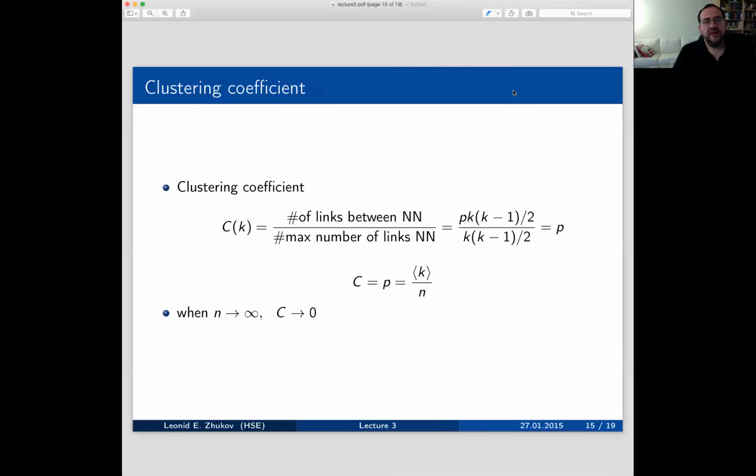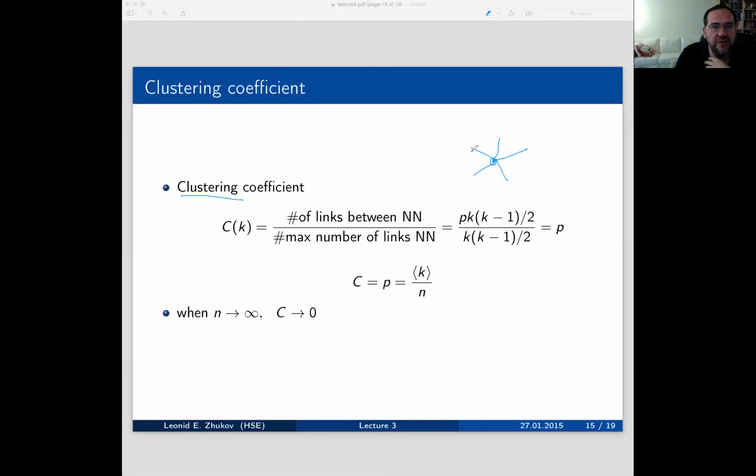All right, so there are several other things that we can calculate for this model. They're pretty easy to calculate. Well, we talked about the clustering coefficient, right? The clustering coefficient is really just the number of closed triangles. So you have a node and you have neighbors.